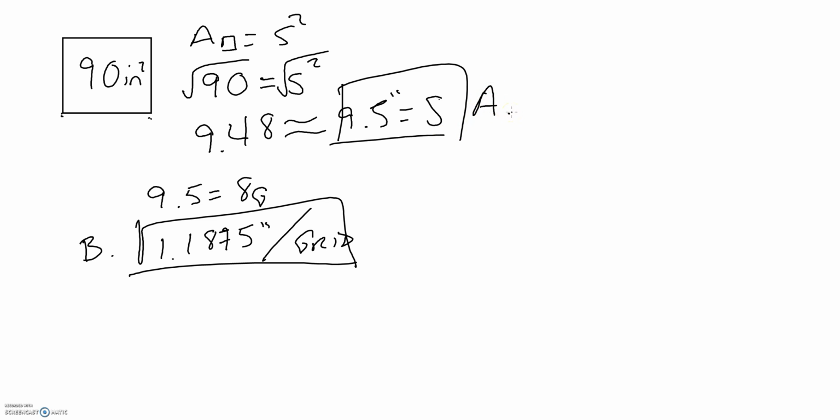C says, what size circle would you cut out of the square in order to have a remaining area of 66.5 square inches? So we had that the square is 90 square inches, and we're subtracting off some circle, C, to equal a remaining area of 66.5 inches squared.